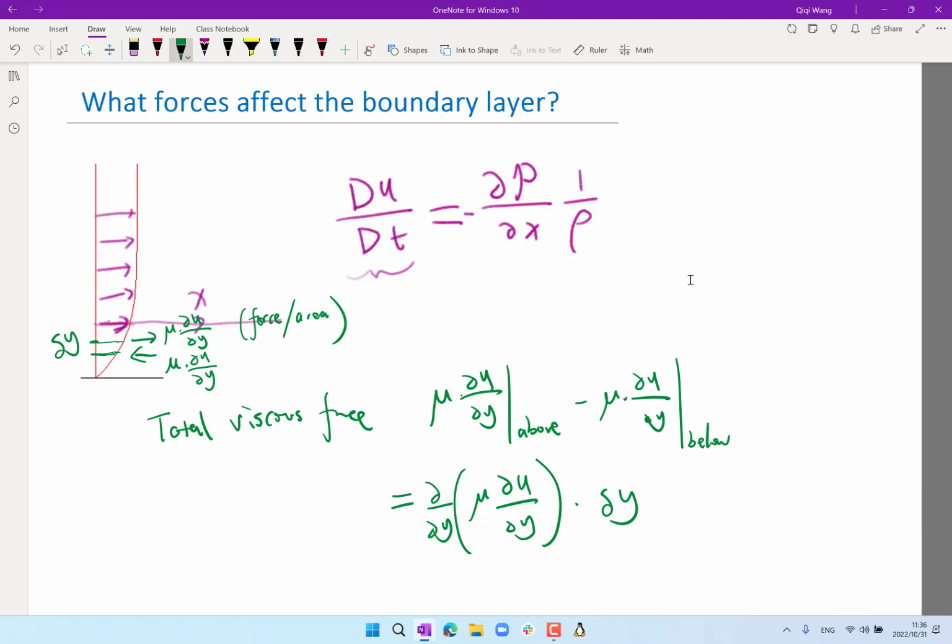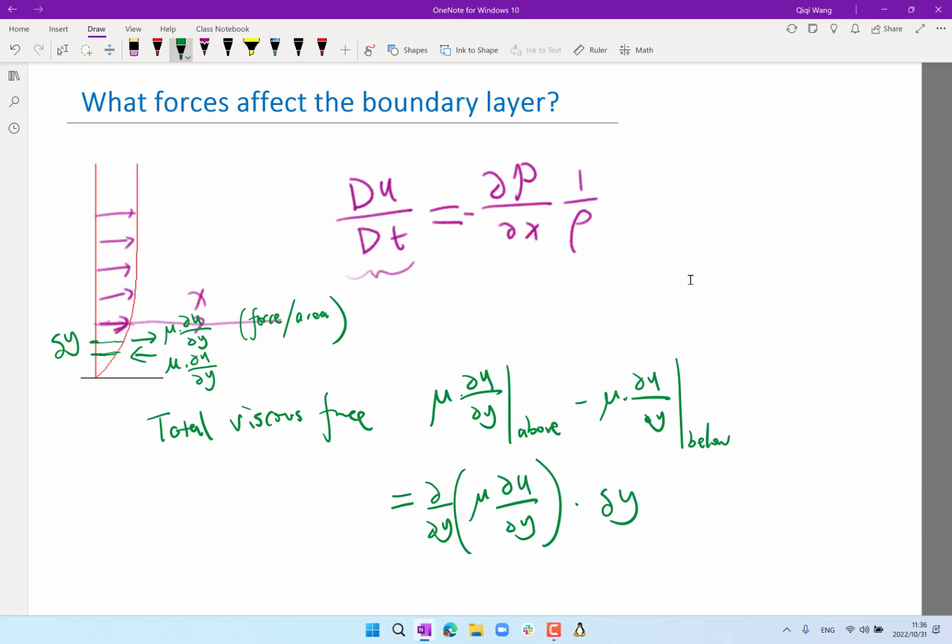Basically, a small difference between the same quantity but at two different locations is going to be equal to the derivative of that same quantity times delta y. All right. Okay, so what is the unit of that? Well, the unit of that is force per area.